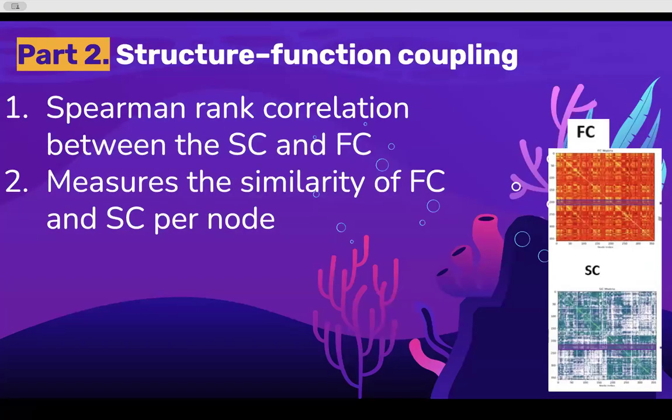And finally, the third feature they propose to extract from functional connectivity and structural connectivity is the measure of similarity of those connectivities. So they're taking each row as an embedding for each node, and they compare the Spearman rank correlation.